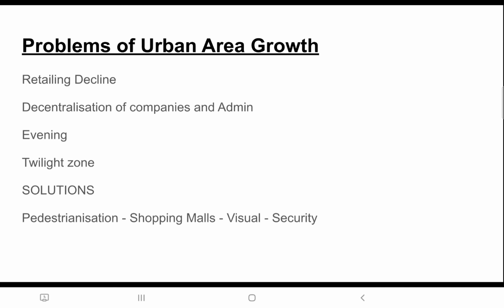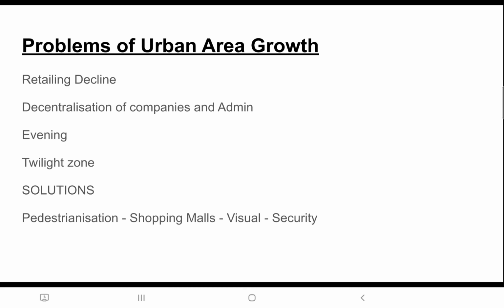So then we've got the evening and the twilight zone. The evening is where the CBD can be really empty. The only real services open at that time are bars, restaurants and nightclubs, and it can be seen as an unsafe place at night with high crime rates. And the twilight zone has been used to describe problem areas.